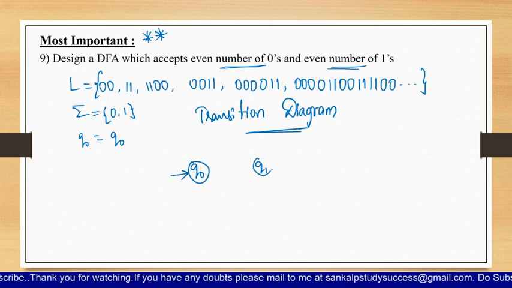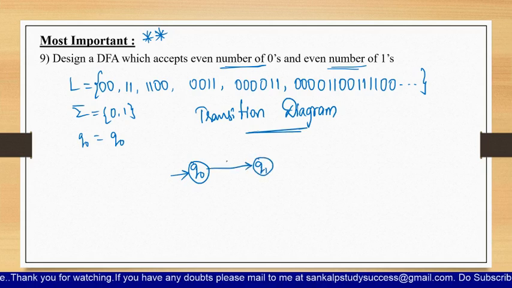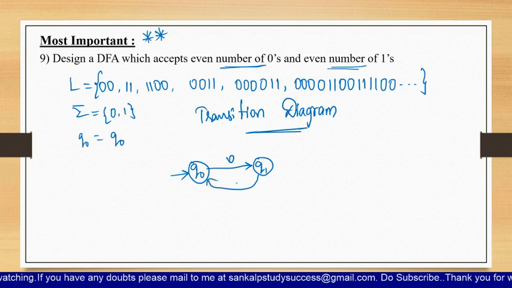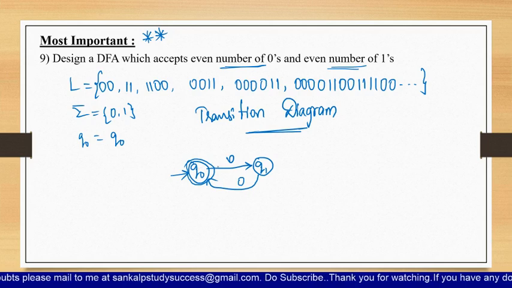You go to Q1 by applying 0. Now what happens from Q1? If you apply 0 to Q0, and if you make this Q0 the final state, then this 0 0 is accepted. That means any even number of zeros is accepted: 2 zeros, 4 zeros, that means 2 times, 6 zeros, that means 3 times, so it is accepted.